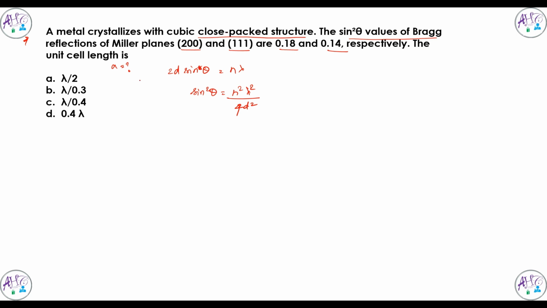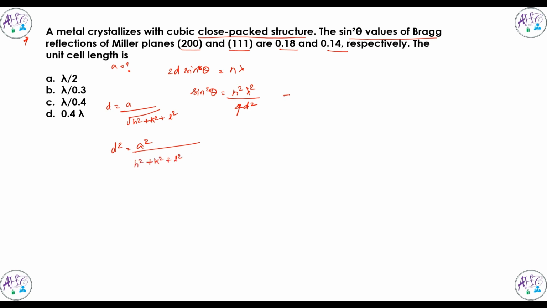Okay, so let's consider. Here they have only said it is a cubic close packing structure. So we can consider this as a simple cubic system, because let's consider a, b, c, everything is going to be equal. So your d is going to be equal to a by root of h square plus k square plus l square. So your d square is going to be equal to a square by h square plus k square plus l square.